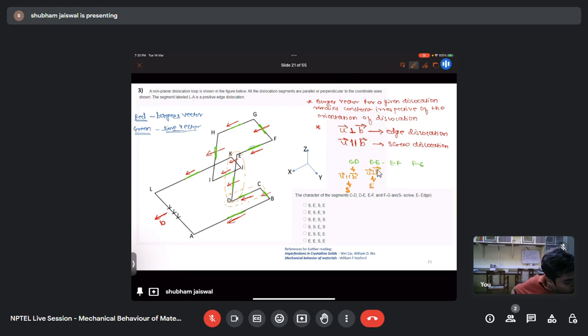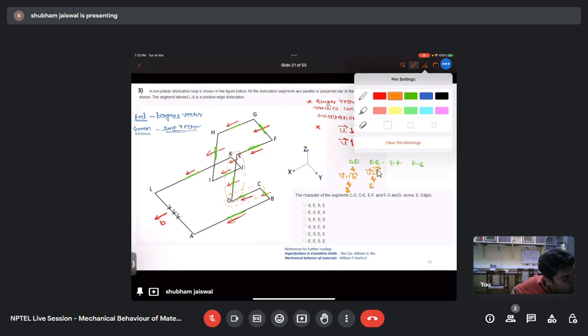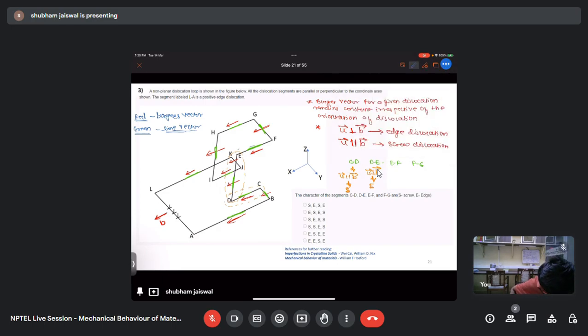Okay. Now at E and F, U is parallel to B. So this is again screw.